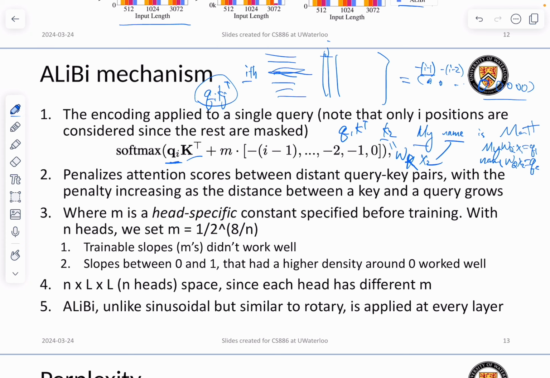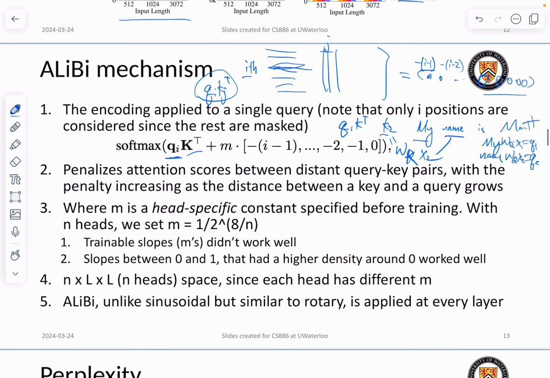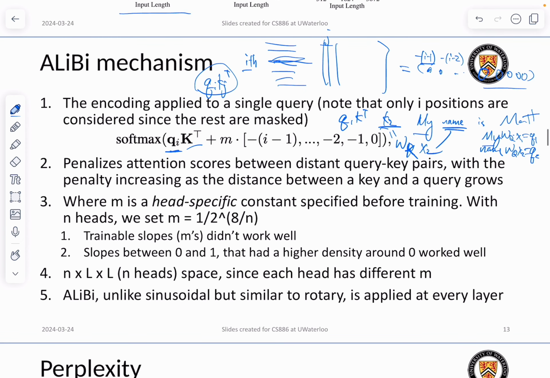So if we're trying to complete the sentence at "my", we don't want K2 to already tell you what the next word, "name", is. So that's the reason we have zeros after that, because we add a mask anyway.